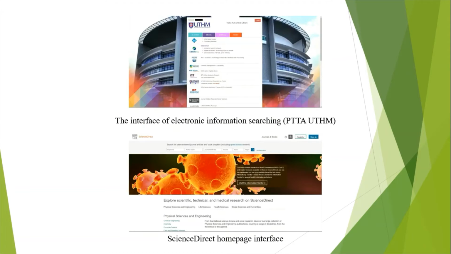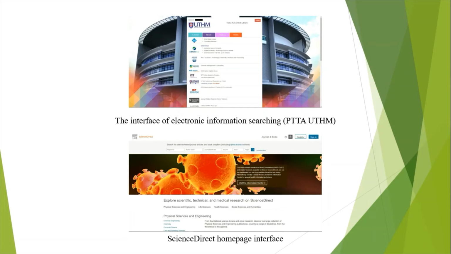We have used the electronic information service in UTHM, which is the PTTA UTHM. In this electronic information service, we have all the searching that we need, which is ScienceDirect, homepage interface, and others.